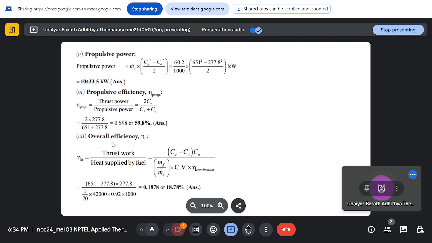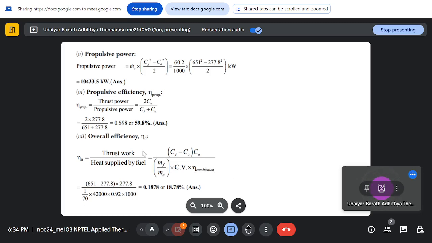Thrust work in this case is Cj minus Ca into Ca, this is per kg of air, divided by mass of fuel into calorific value into combustion efficiency.